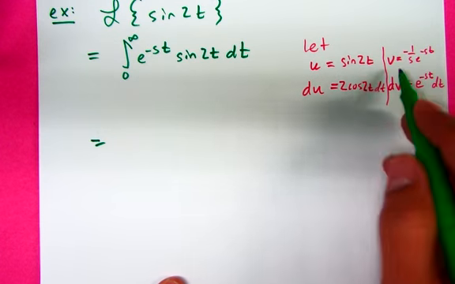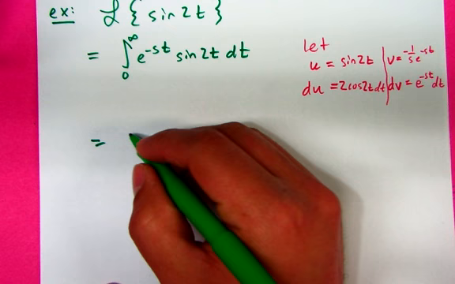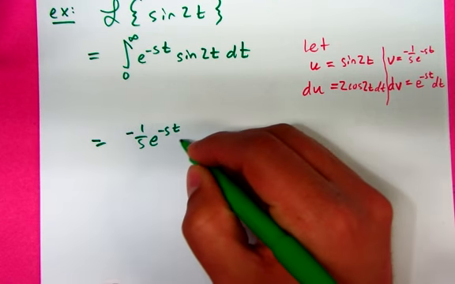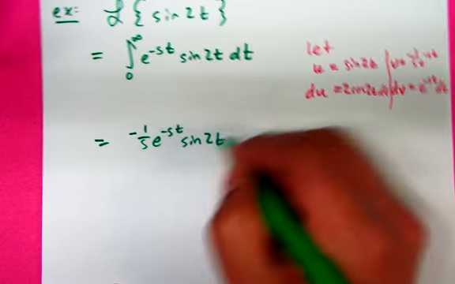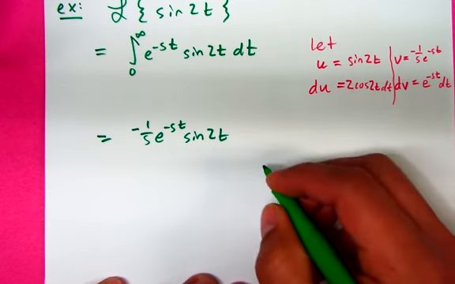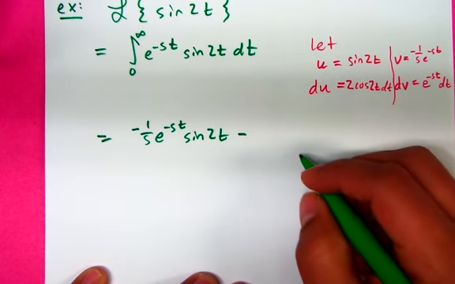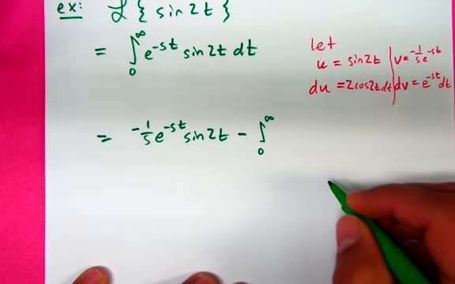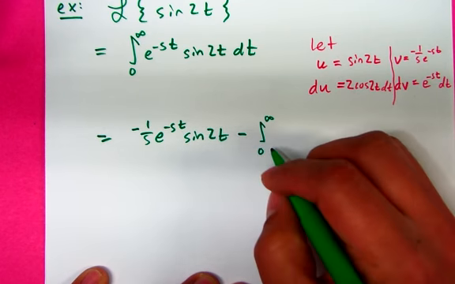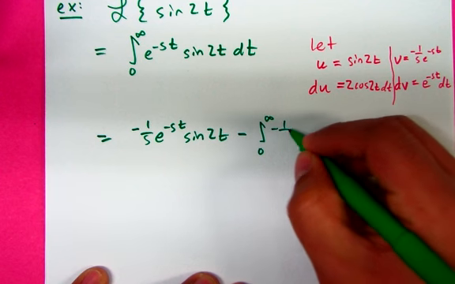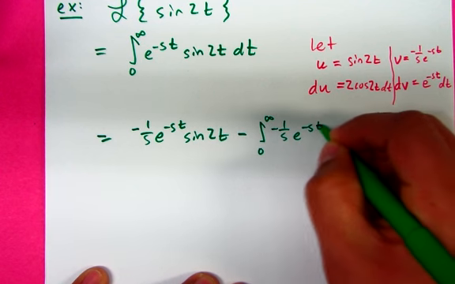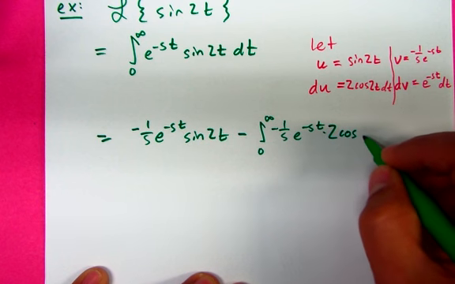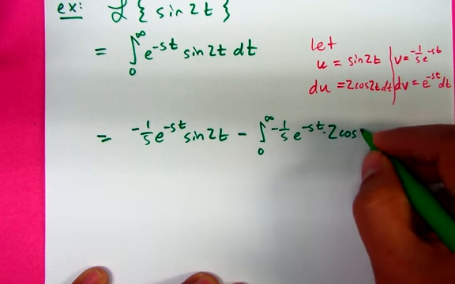So u and v is going to give us minus 1 over s e to the minus st sine 2t, minus the integral of v du, so minus 1 over s e to the minus st times 2 cosine 2t dt.